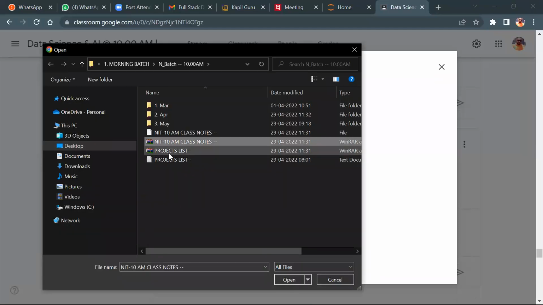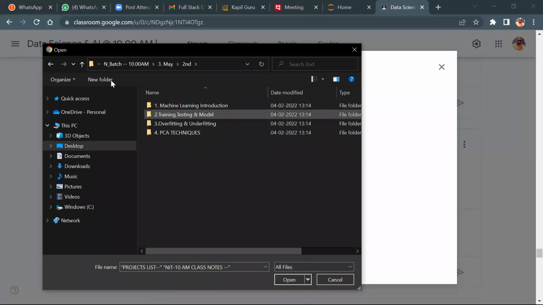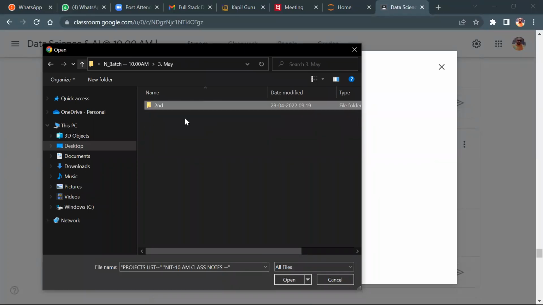Just one second. Add this one and this part.